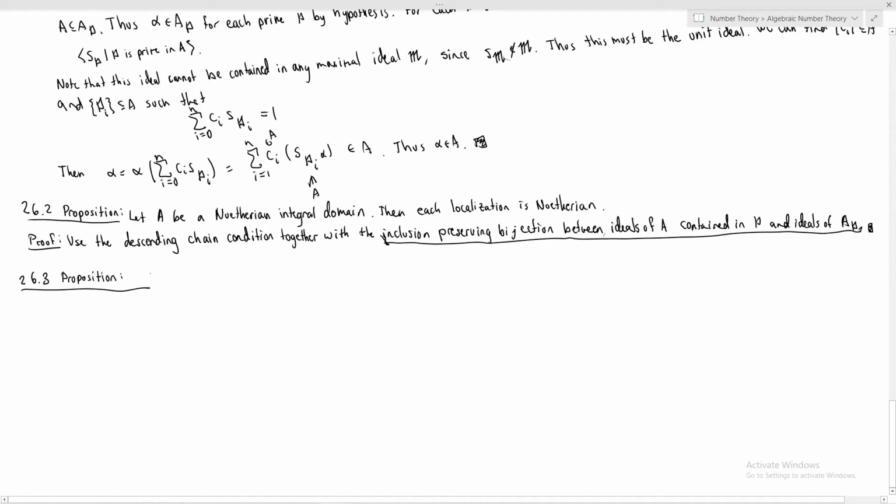A Noetherian integral domain is a Dedekind domain if and only if each localization is a Dedekind domain.